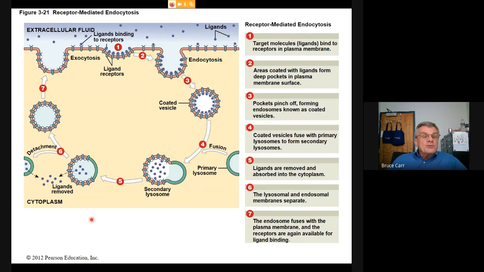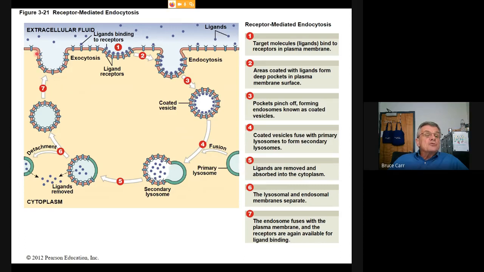Now, vesicles are basically just membrane bubbles that are adapted to a specific purpose. And this slide shows receptor-mediated endocytosis to tell you what we know about vesicle formation and transport. Here is an outer membrane, so this is the extracellular fluid, and this is the cytoplasm.